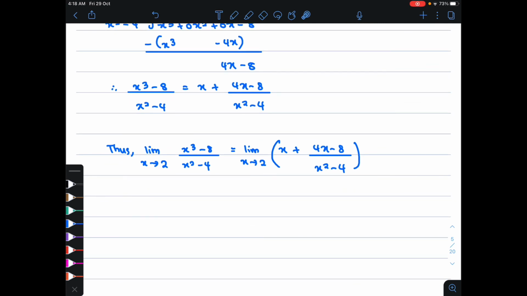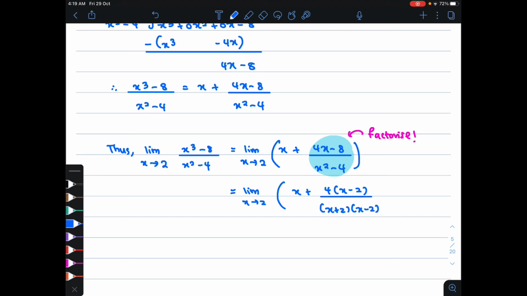For case 2, we need to cancel out the same factor from numerator and denominator, so we're going to do something to this fraction here. For 4x minus 8, when you factorize, you'll get 4 times x minus 2. For x squared minus 4, when you factorize, you'll get x plus 2 and x minus 2. Cancel out x minus 2.